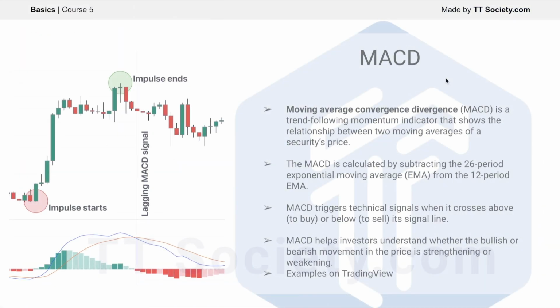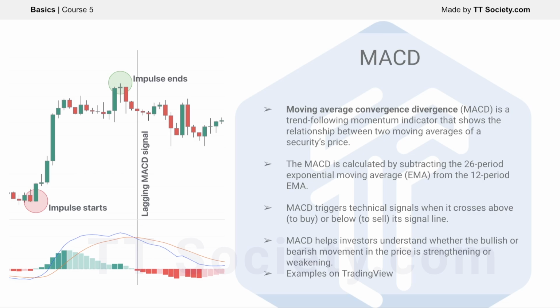The moving average convergence divergence, MACD, is a trend following momentum indicator that shows the relationship between two moving averages. So not only one, but two. The MACD is calculated by subtracting the 26-period exponential moving average, the EMA, from the 12-period EMA.